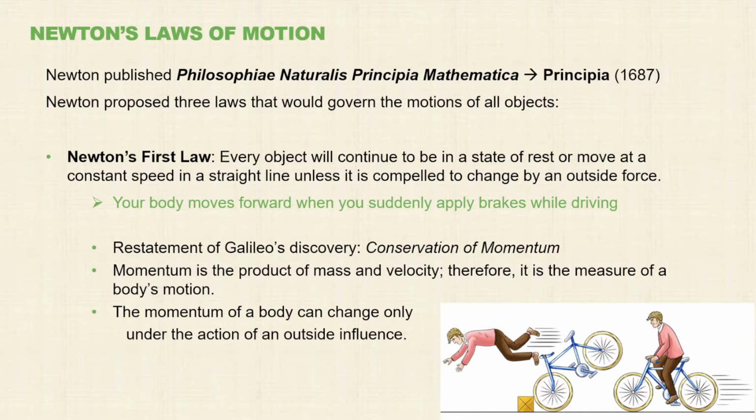Again, because the car is in a state of motion, the passenger's body is in a state of motion, but when you suddenly apply brakes the car stops, but the person inside continues to be in that motion, so it moves forward. And it's the same thing with the cyclist here.